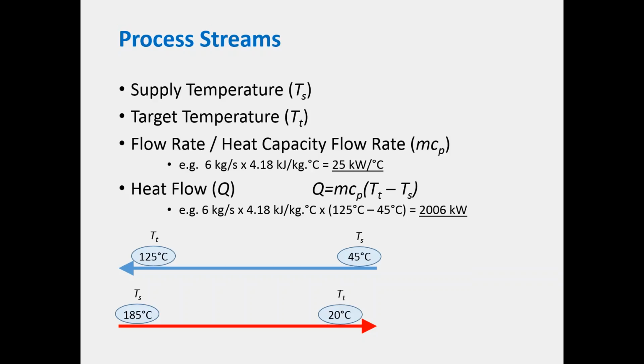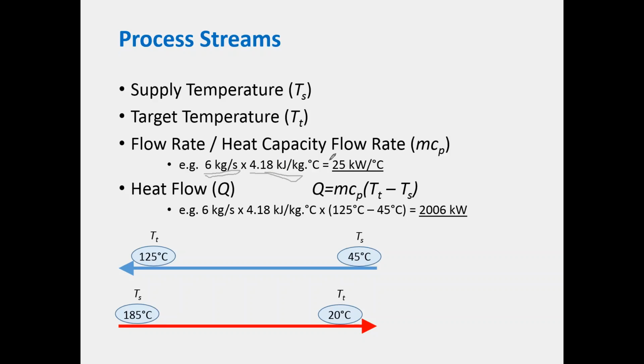So for example, if we had a stream that was 6 kilograms per second, and if it's water, the specific heat of water is 4.18 kilojoules per kilogram per degree C, which is how much we increase it. So that's the specific heat here.